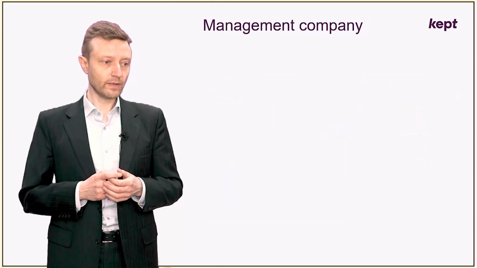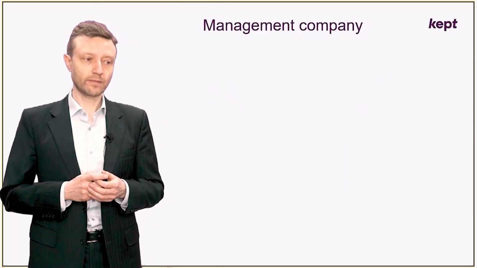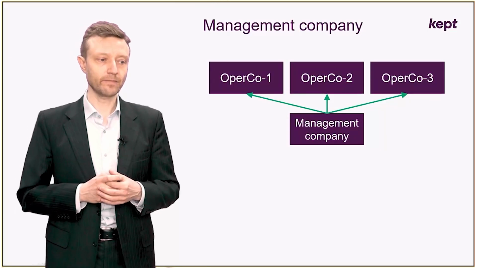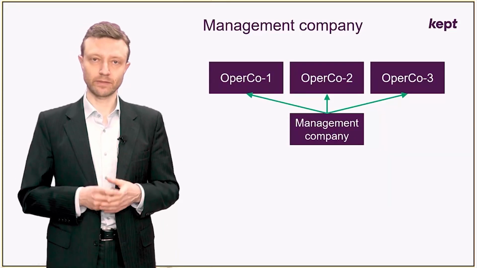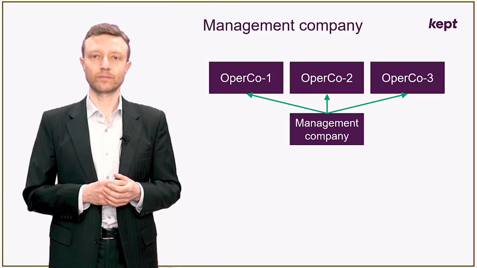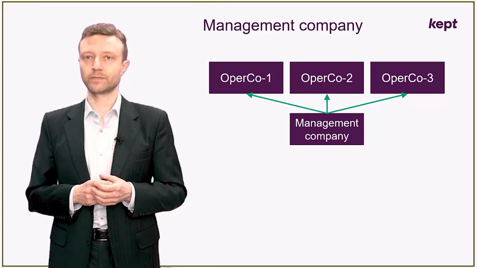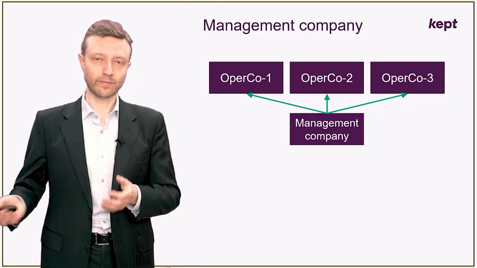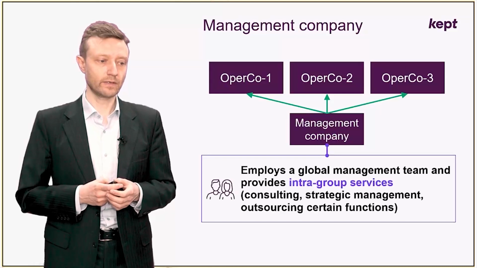Okay, and finally, another example of a functional company is a management company. Management companies are typically set up in complex businesses where it is necessary to employ highly qualified personnel that then provide services to various operating companies.